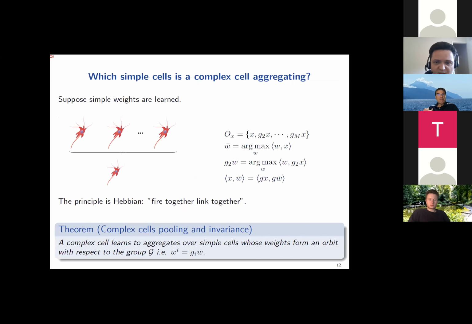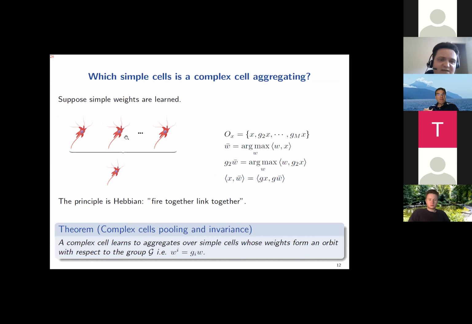Okay, so now that we know the receptive fields, the weights of the simple cells, the next question is what is a complex cell aggregating? So which type of simple cells is a complex cell going to aggregate, to pool? And to understand this, I just refer again to the Hebbian principle of fire together, wire together.